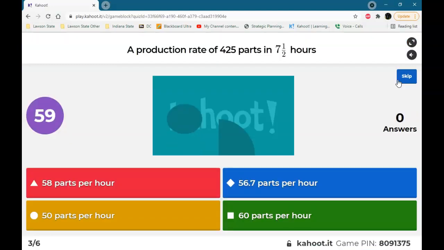So if I have a production rate of 425 parts in 7.5 hours, so most of a shift, how many parts am I producing per hour?